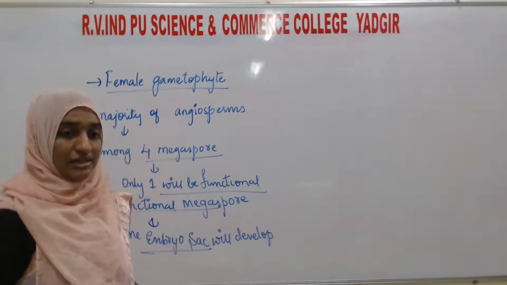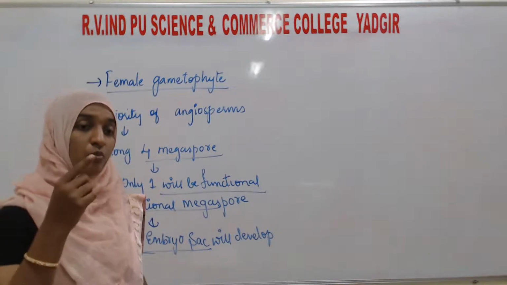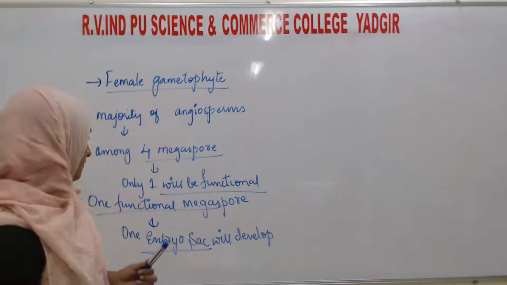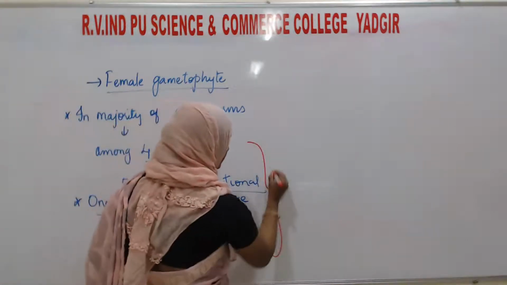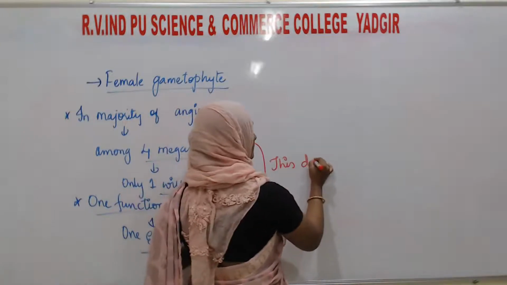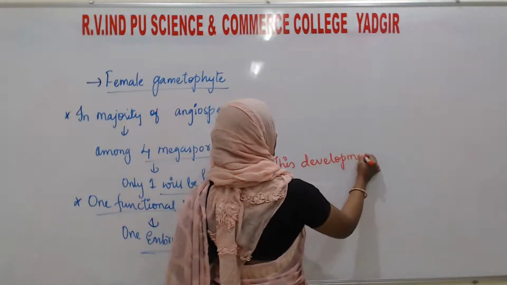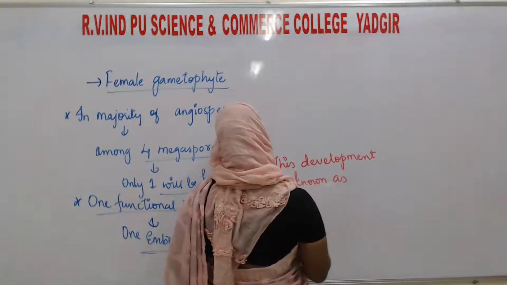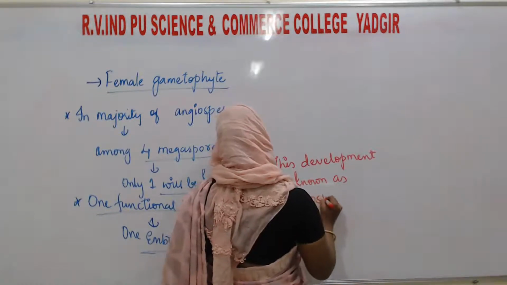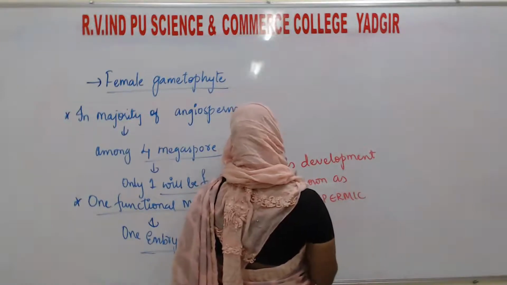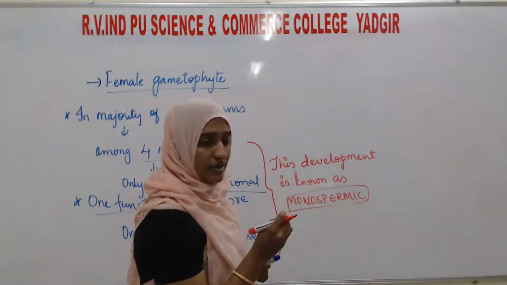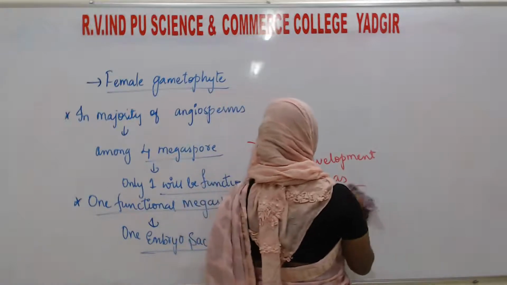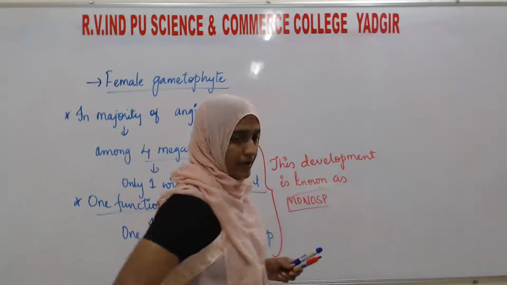This method of formation of one embryo sac from one megaspore is known as monosporic development. Mono means single. From a single megaspore, a single embryo sac is going to form.